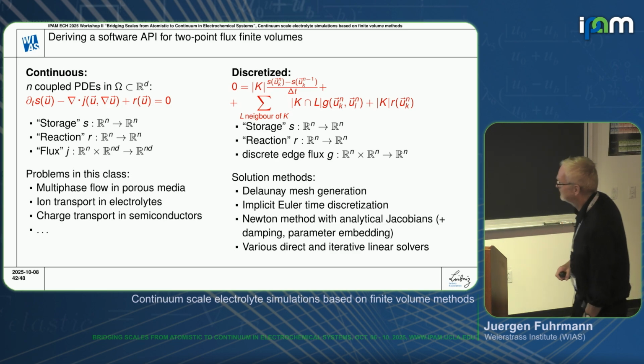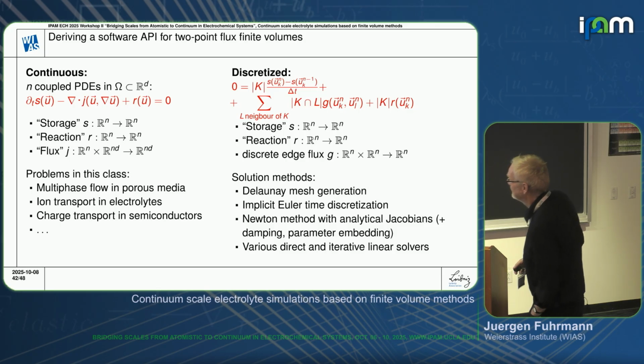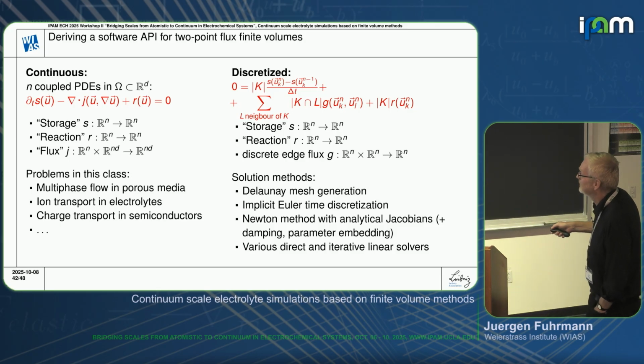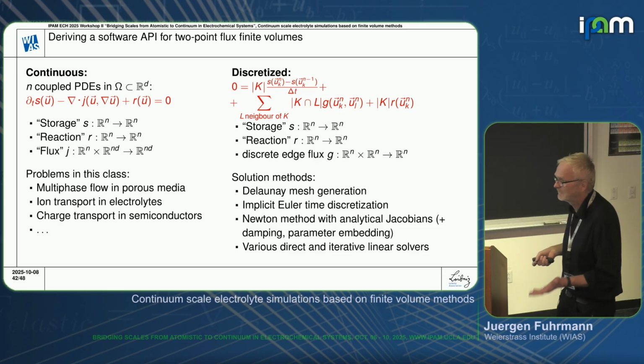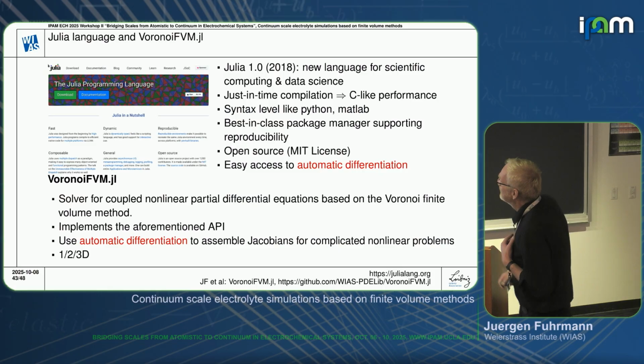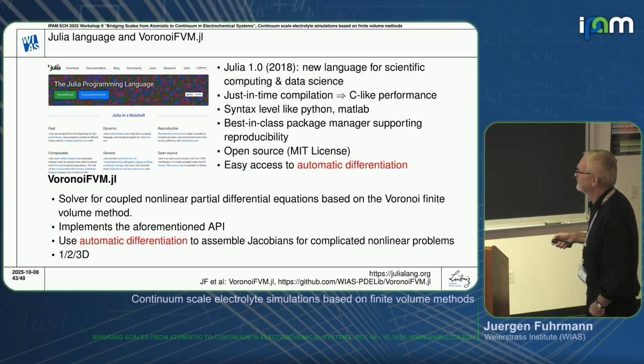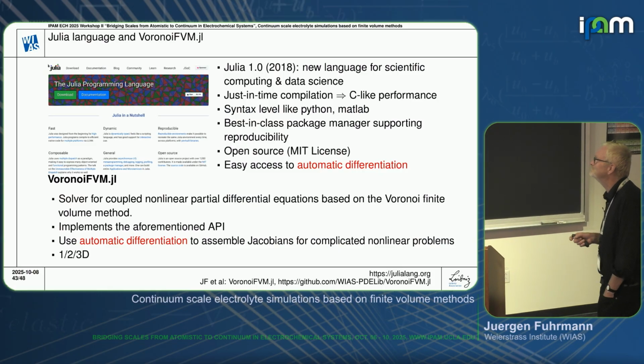For this we can use various direct and iterative linear solvers. All this can be formulated in such a way that we have physics described by these functions and the geometry described by the grid. And this can be written in this way also for 1D, 2D, 3D problems. And we implemented this now in the Julia language.